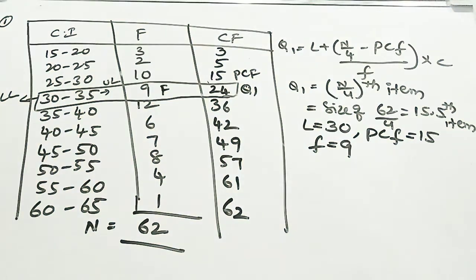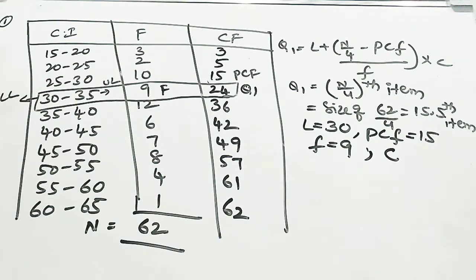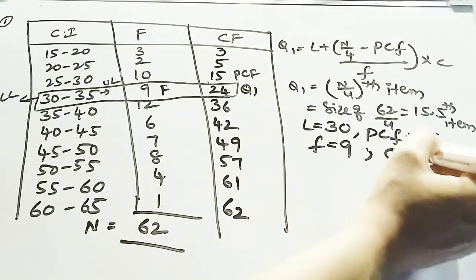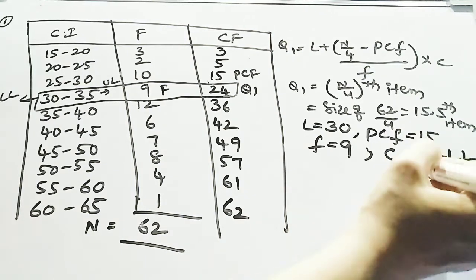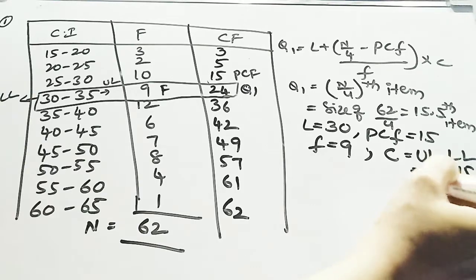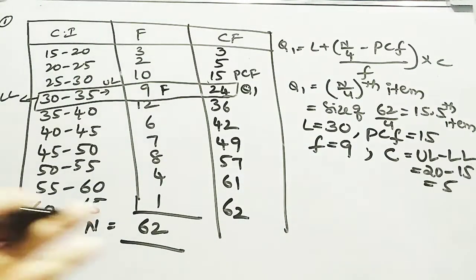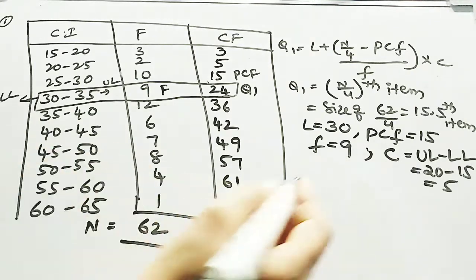And what is your C? C is the class interval, which means you deduct lower limit from upper limit. What is your upper limit? 20 minus 15, so the class interval is 5. Just substitute these values in your formula.